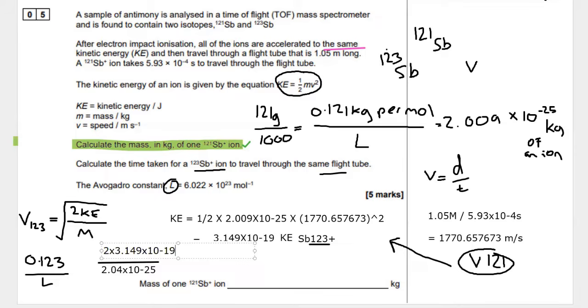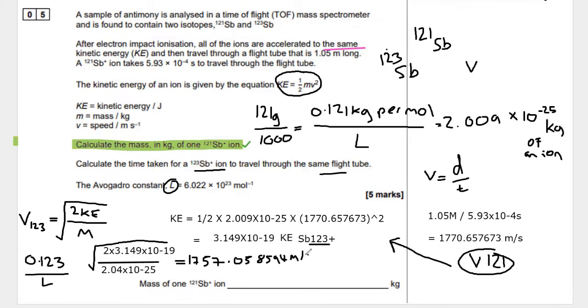We get that. Now we need to square root the answer. And our velocity is going to be just a little bit slower, and you'd expect that because it's heavier. Look, it's 1757.058594 meters per second.